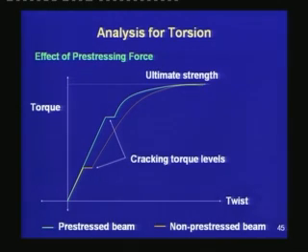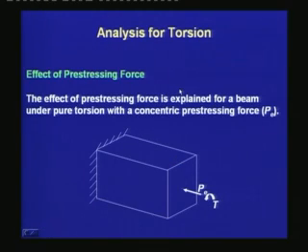For a prestressed concrete beam, the cracking is at a higher load, and then the steel will yield to reach the ultimate strength. The effect of prestressing force is explained for a beam under pure torsion with a concentric prestressing force PE.